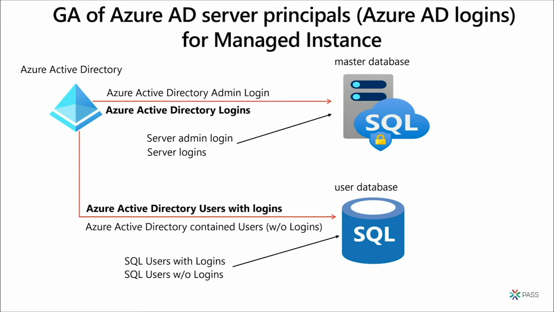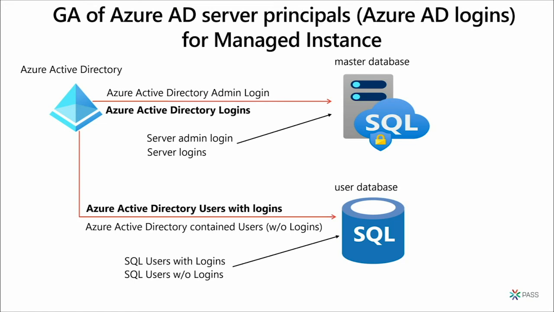The second thing is that users can be created in the database using the Azure Active Directory user logins, and these are the Azure Active Directory users. So I can create an AAD user with an AAD login, and that's what the diagram is about here. Why are these logins important for the migration?